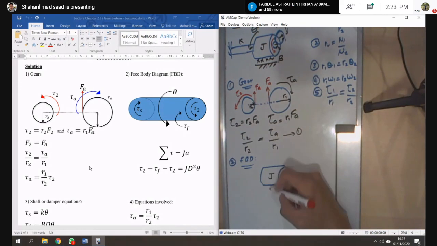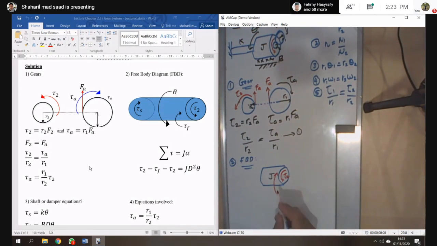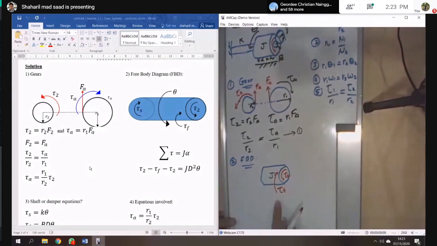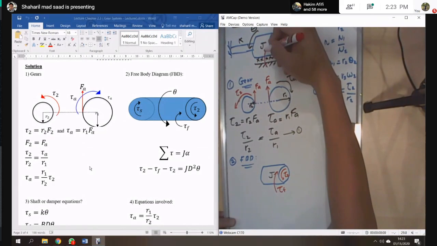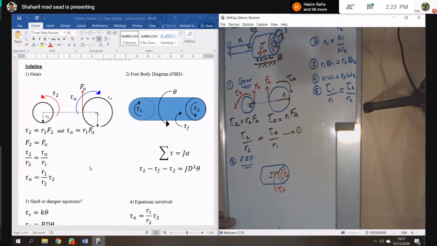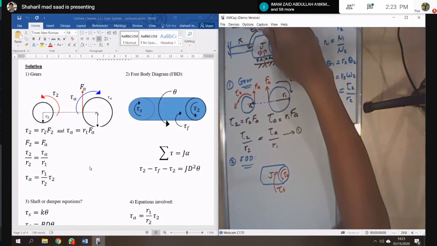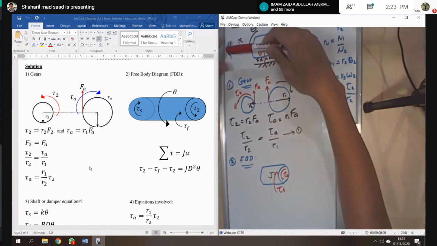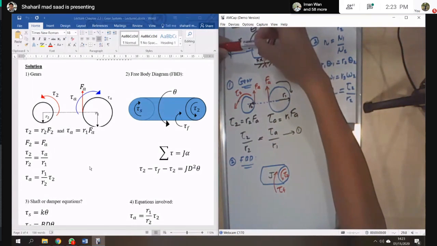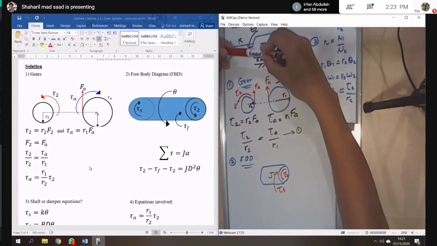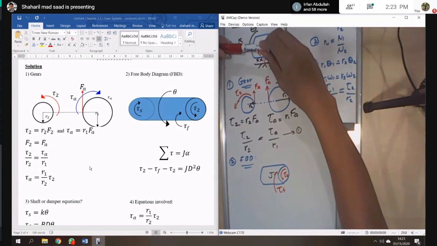When this T2 goes down, we rotate it, so you will have another torque, TF, the torque from the friction B. So when you rotate this inertia body, the shaft will fight back.